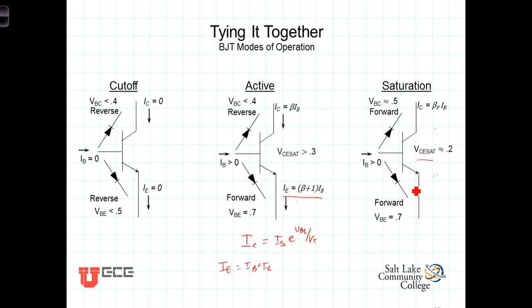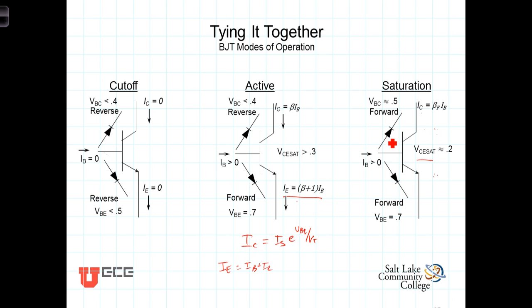At that point, the current of the collector and the current of the base can still be thought of as being a scaled version of each other.